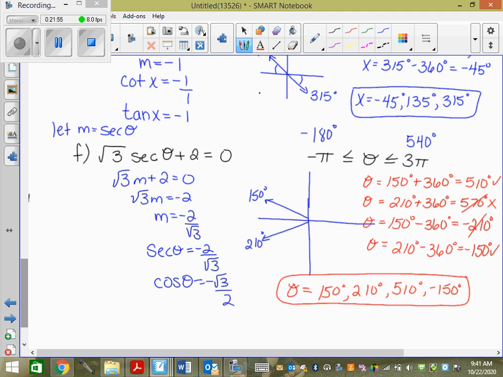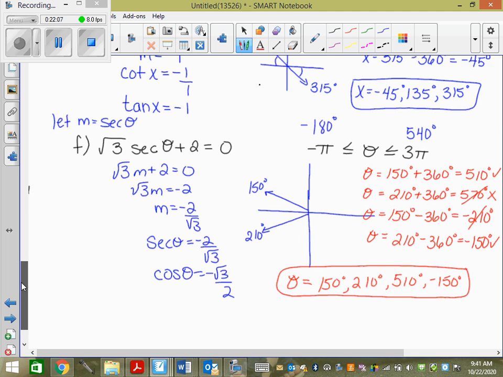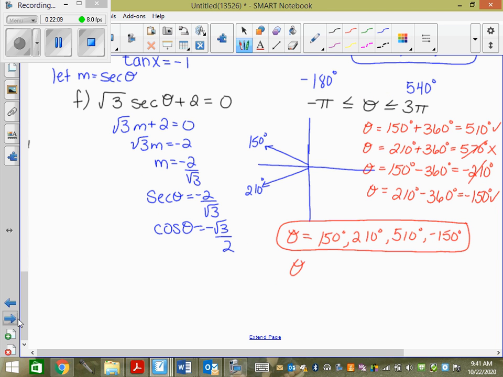No, I just boxed that, and sadly they're like, you really royally did bad things, because my domain is in radians, so my answer needs to be in radians. So 150 is 5 pi over 6, 210 is 7 pi over 6, 510 is something over 6.